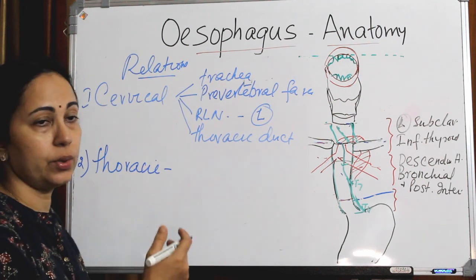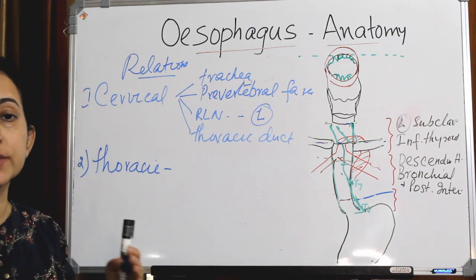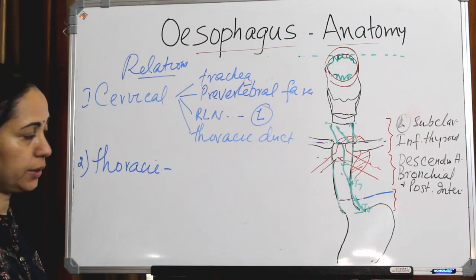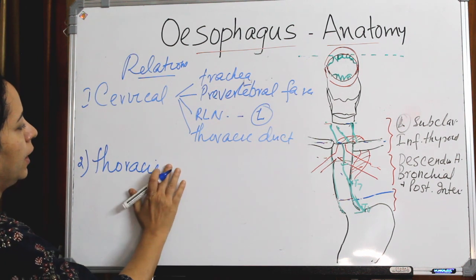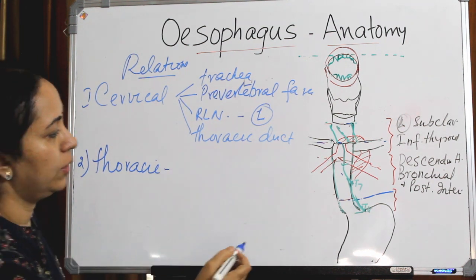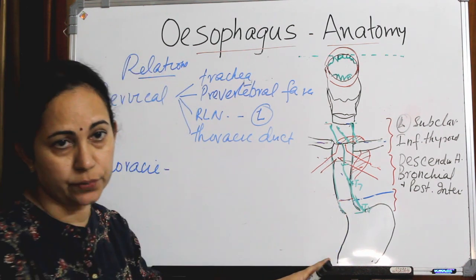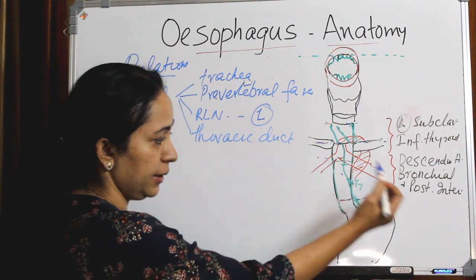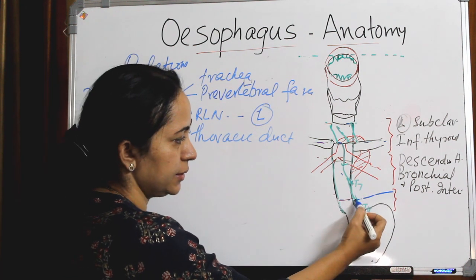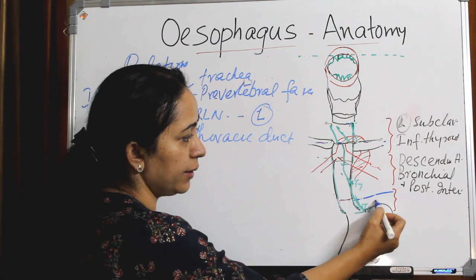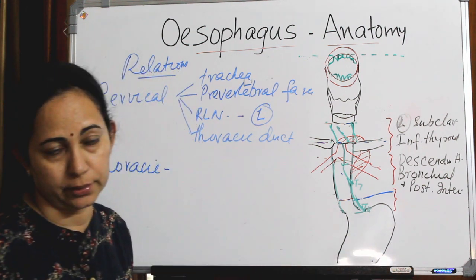And the esophagus goes through the superior as well as the posterior mediastinum. We already discussed that. And on the right side, this esophagus continues as the lesser curvature of the stomach. And on the left side, you can see the esophagus forming an angle with the greater curvature of the stomach.